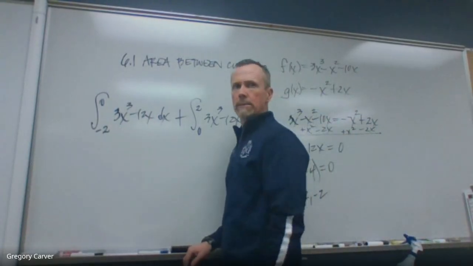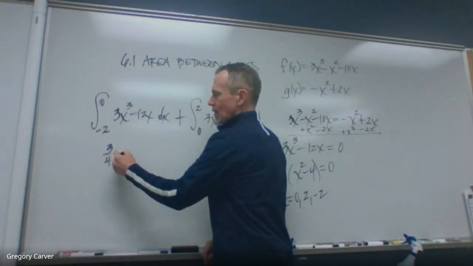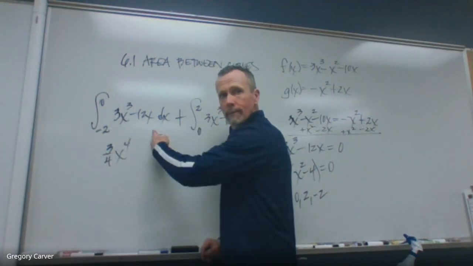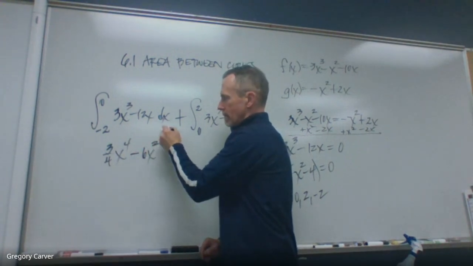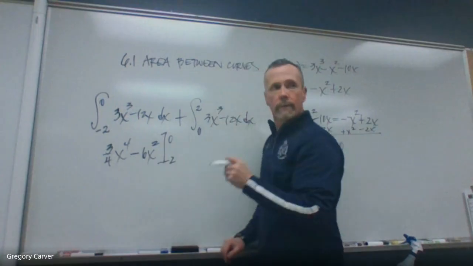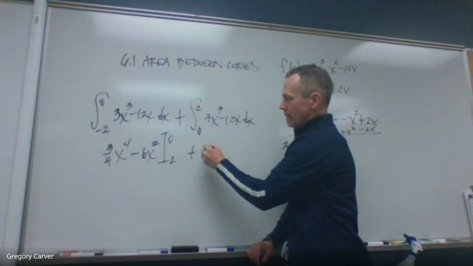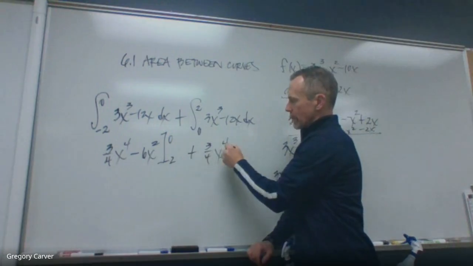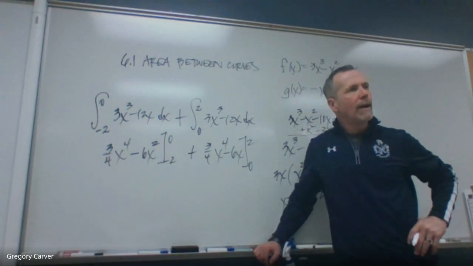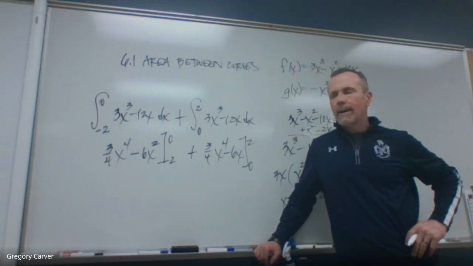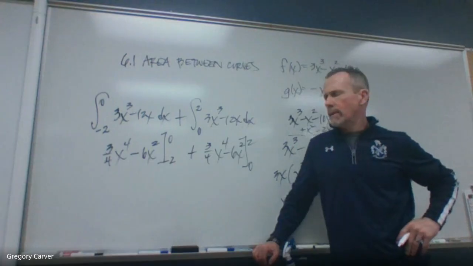Sure you're going the right one? And the nice thing is, since I'm reusing it, I just copy it down again. It's going to be plus 3/4 x to the fourth minus 6x squared, going from 0 to 2. Thank you, Shannon. And then I just wait for Shannon to tell me what I forgot to write.